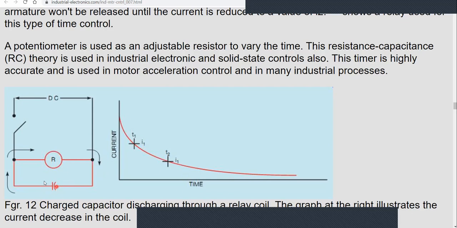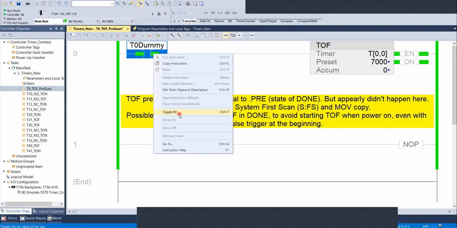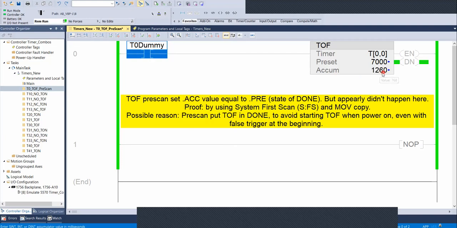You have to charge the capacitor in the physical timer in order to let the off delay work properly. Similar thing here: you have to make the off delay true for at least one scan in order to make the off delay happen. Like right now, if I toggle off again, now you can see the timer start.